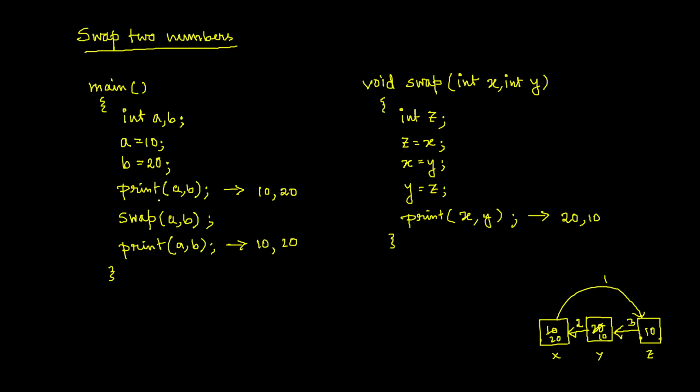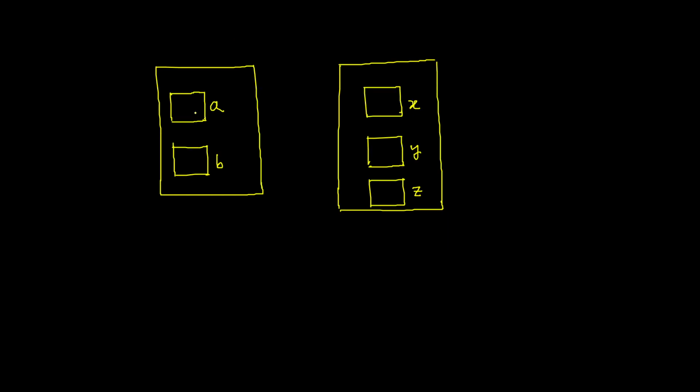At the time of calling, since I have passed a and b, they get copied. In other words, the value 10 that is present here and 20 that is present here will be copied into x and y.